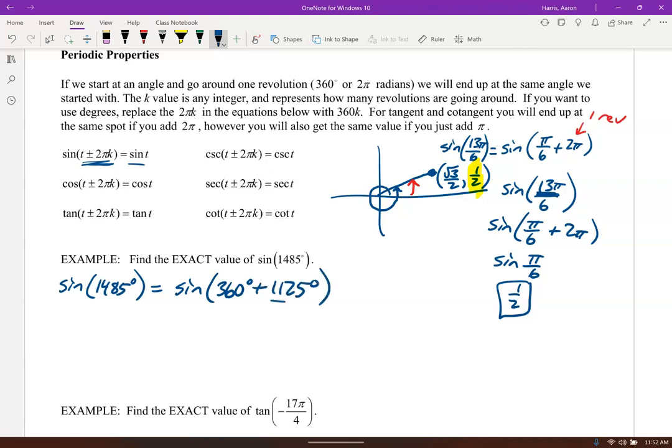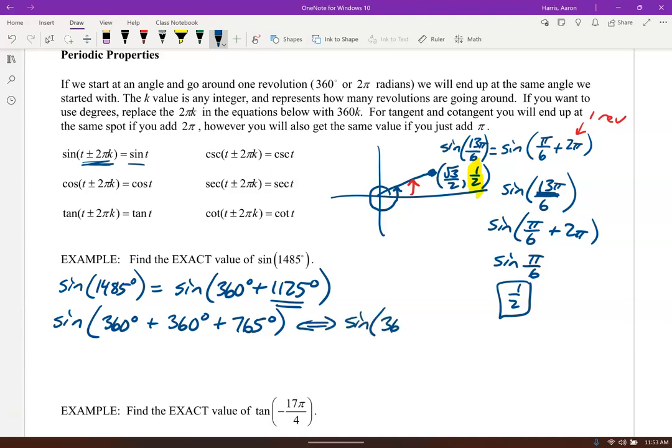But I'm still more than 360, so let's go around again. 360 stays there plus another 360, because 1125 minus 360 is 765. So I've gone around twice, and 765 is still bigger than 360, so I've got to keep going.